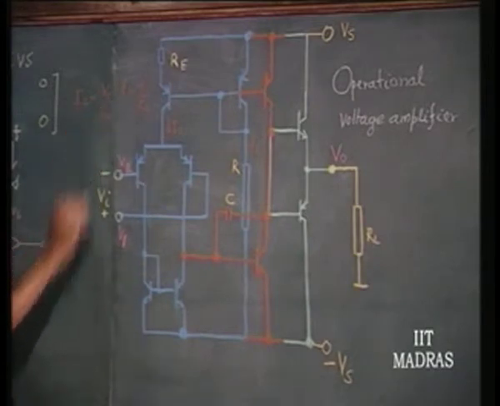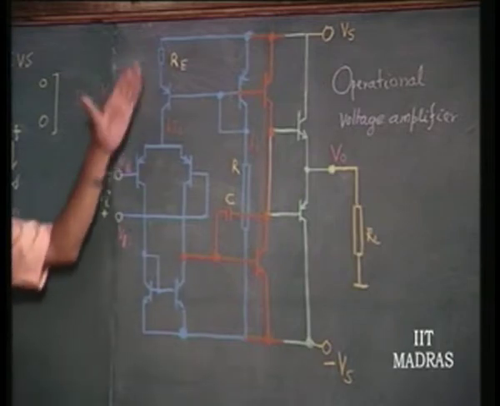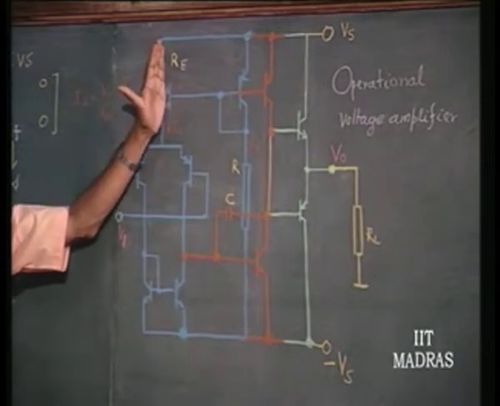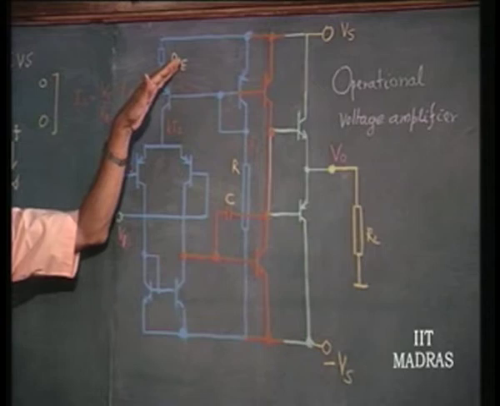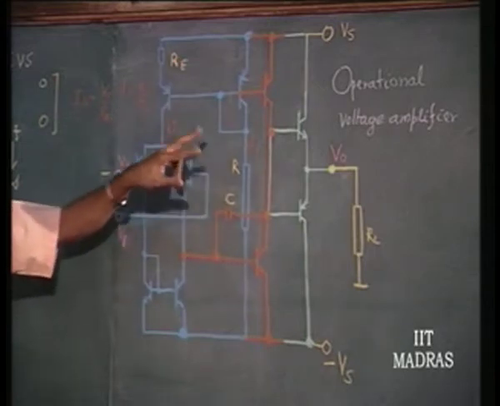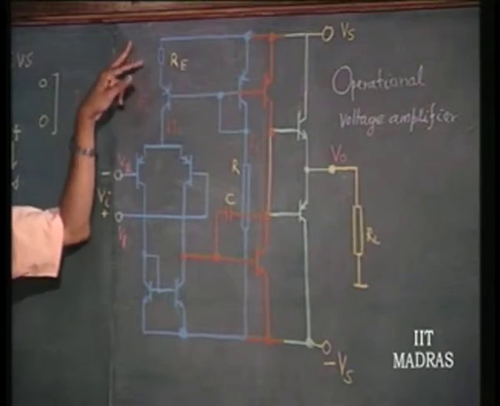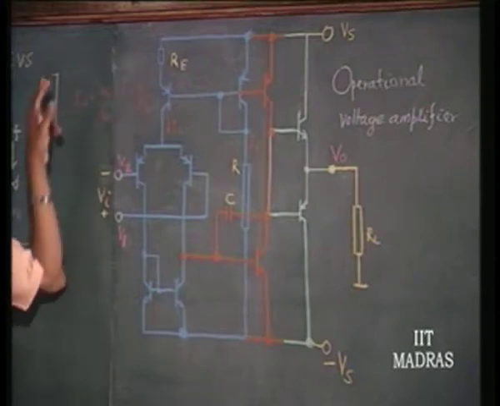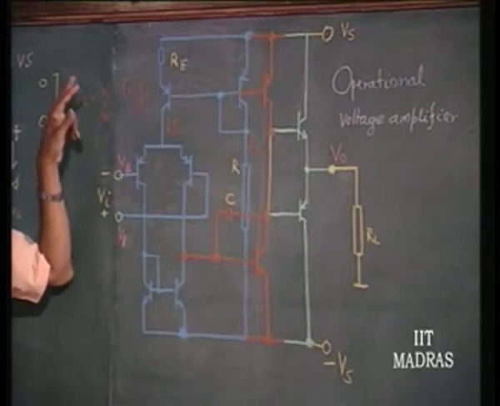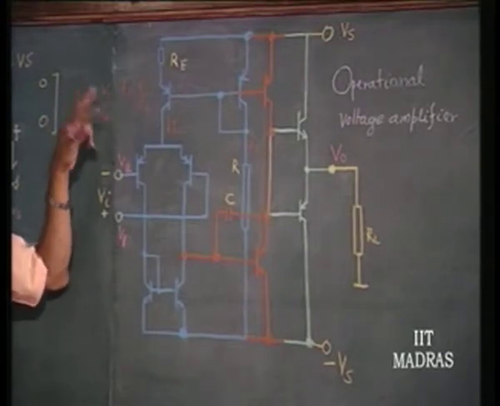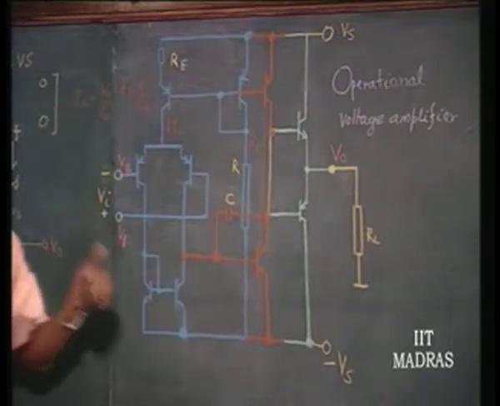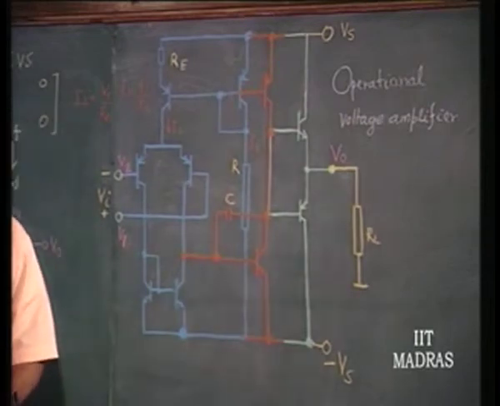So, given a circuit, you can quickly arrive at the value of the operating current here, because you know the value of Re. In fact, this equation has to be solved. Okay. You can assume a value for I2 and get a new value for I2. Okay. Iteratively you solve this and ultimately you will approach the correct value of I2.